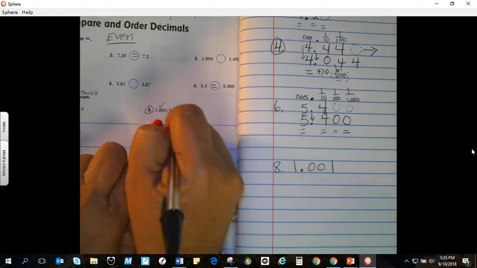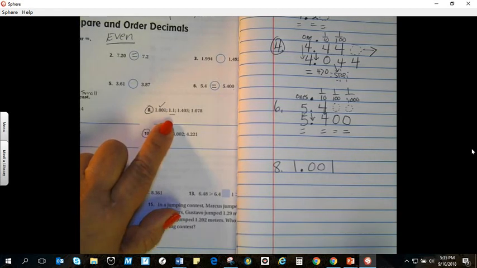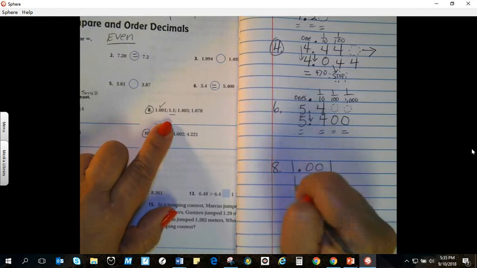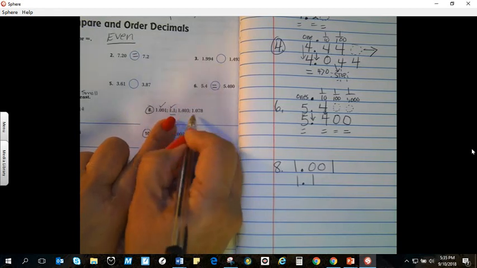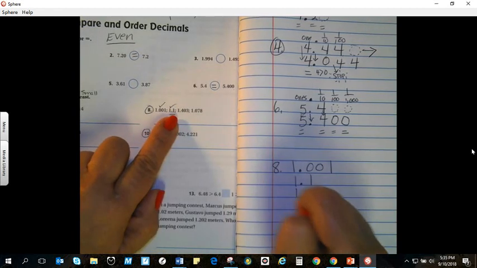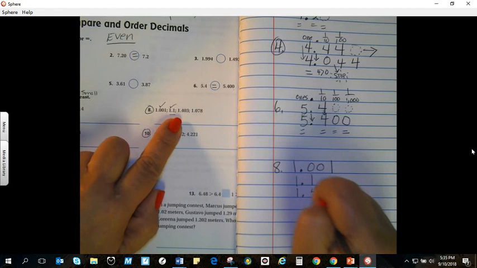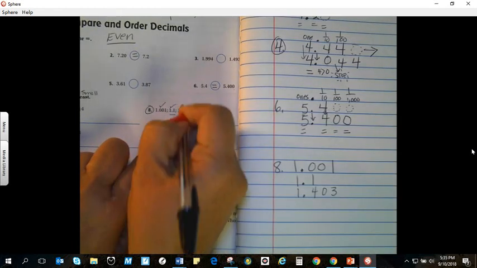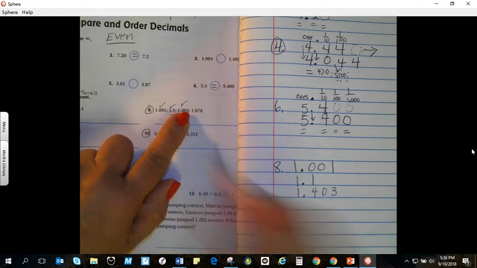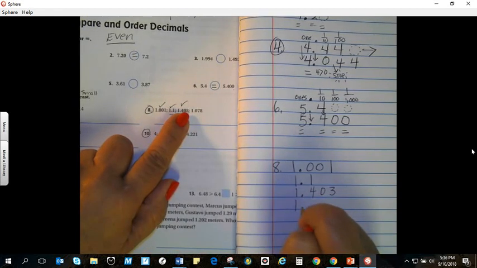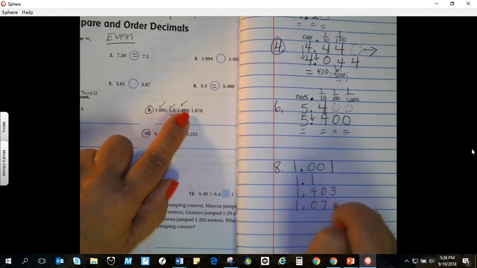This is my next one in between my semicolons. I have 1 and my decimal 1, and I'm done there. In between the next semicolon, I have 1 and my decimal, and I have 403 thousandths. That's done there. And then I go to my last grouping. It's 1 and 78 thousandths.